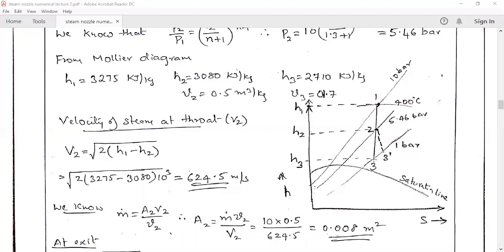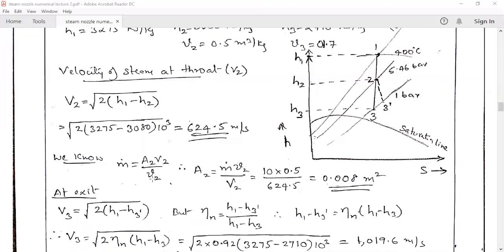So you need to find H2 and the specific volume V2 at point 2. Similarly, go to point 3 and get the value of H3 and the specific volume, but actually you need it at 3 dash. Now, first we'll find the area at the throat. Use the formula m dot equals A2 times velocity V2 divided by small v2. Please note the difference between the V values here: this V is the velocity and this V is the specific volume.